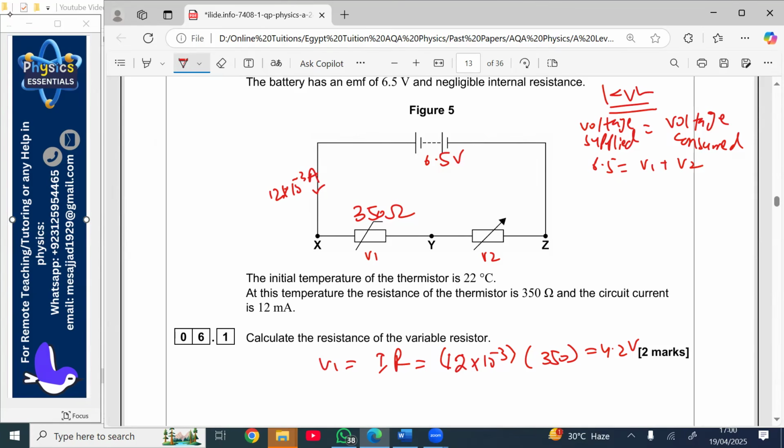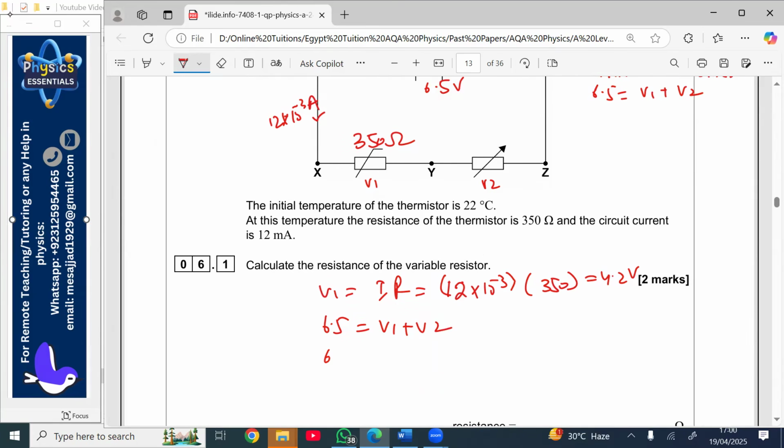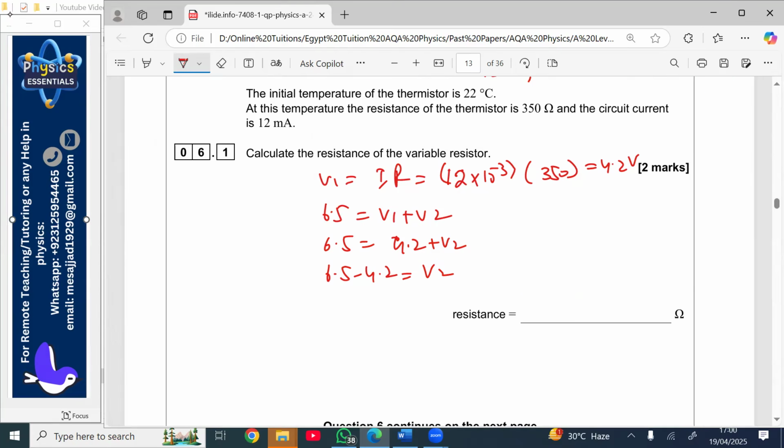Now, according to Kirchhoff's voltage law, 6.5 is equal to 4.2 plus V2, which is the variable resistor voltage. This is what we need to find. 6.5 minus 4.2 is equal to V2, so just subtract them and you will get 2.3 volts.